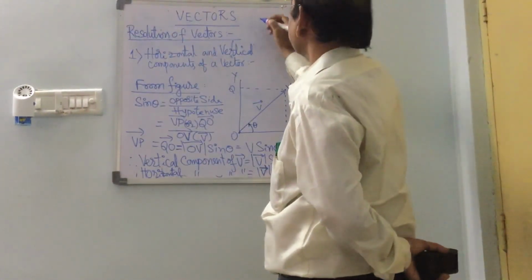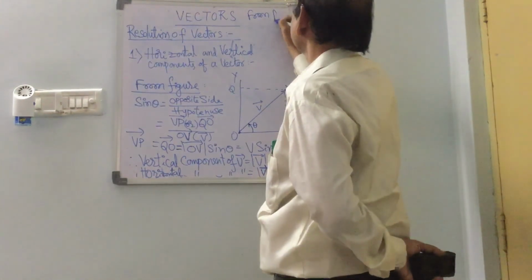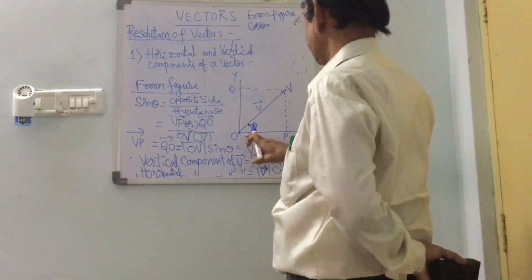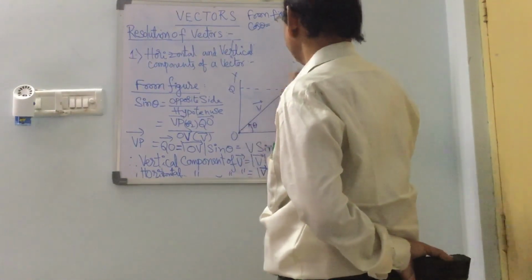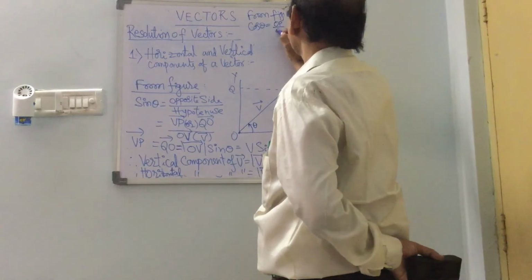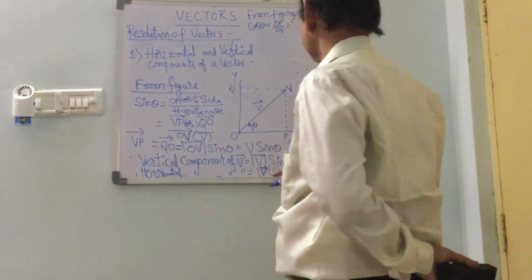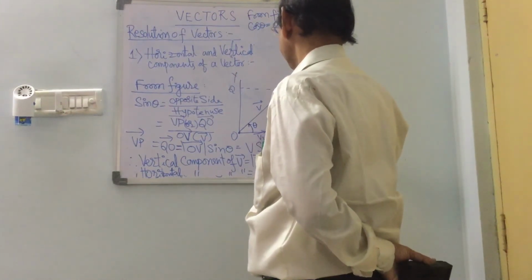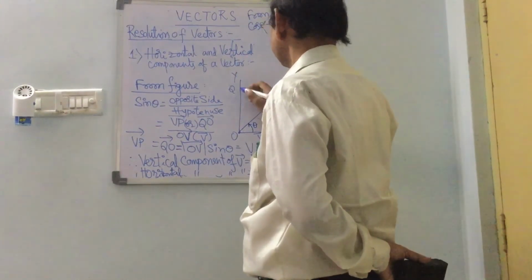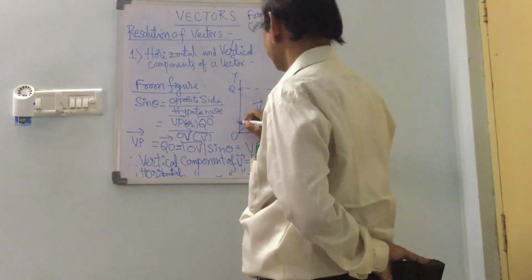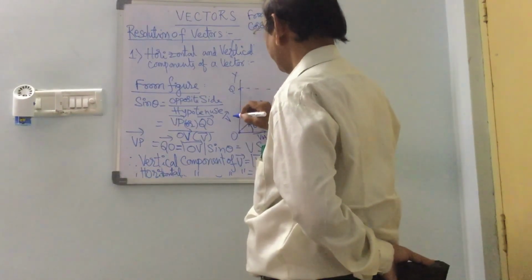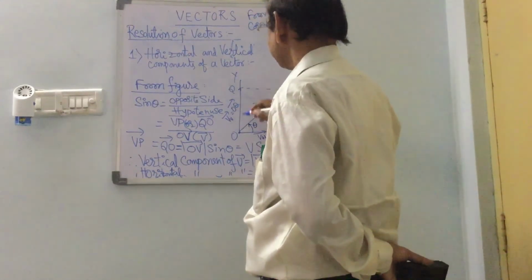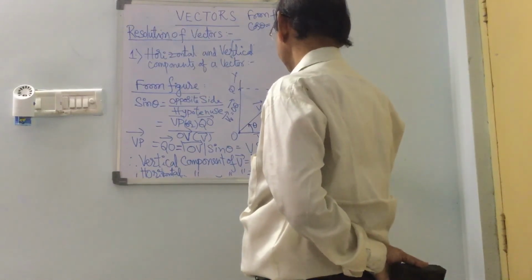Since from the figure cos theta is equal to OP by OV. Here we want OP, horizontal component V bar H. The vertical component is V bar vertical, that is OQ bar.